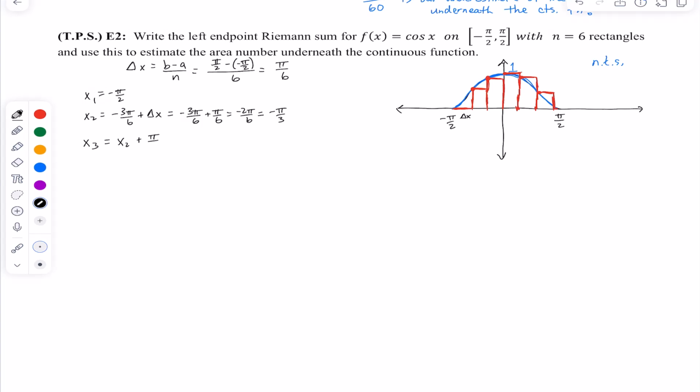We just add delta x to every single left endpoint. I should say we add delta x to the previous left endpoint, and we'll get all our left endpoints that we need.